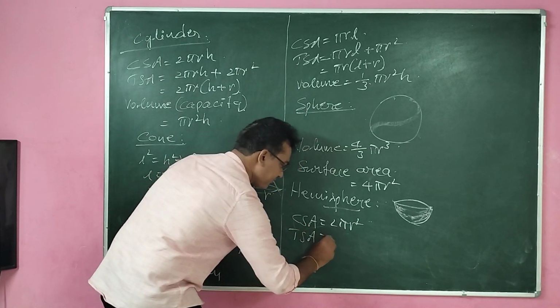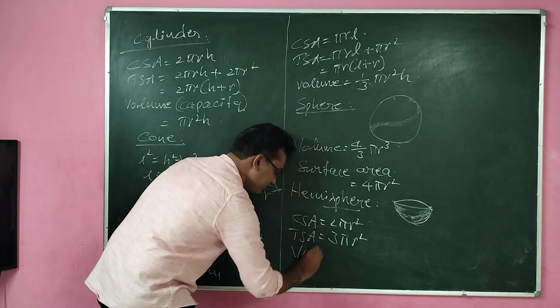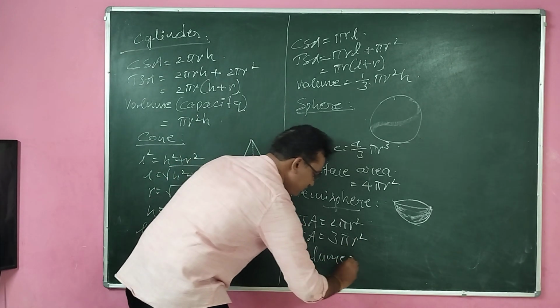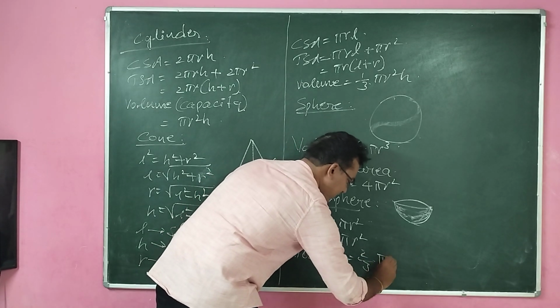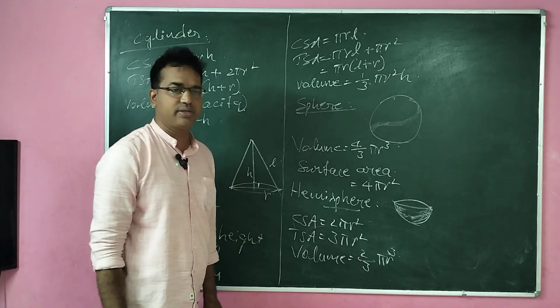TSA 3 pi r square. Volume equals 2/3 pi r cube. Understood? Okay.